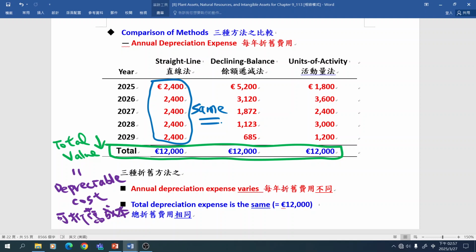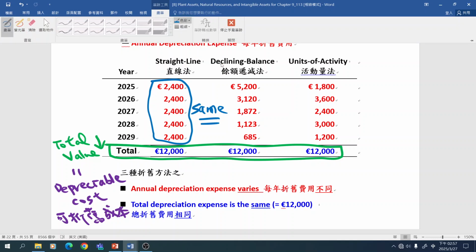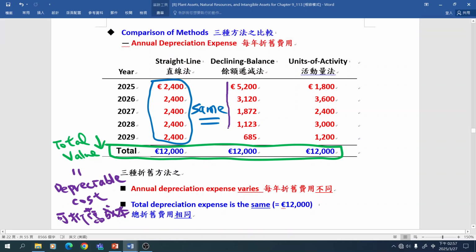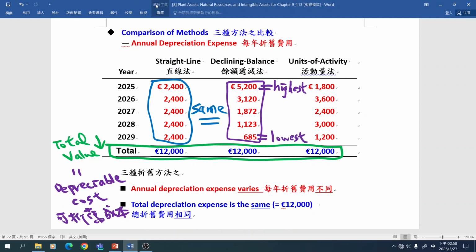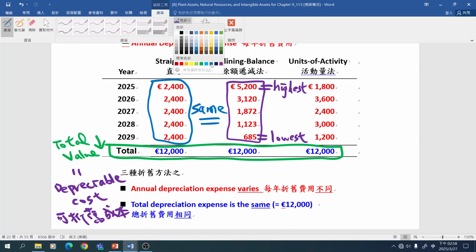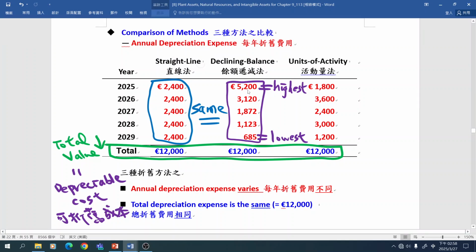You got the result we want, right? So declining balance method, our expectation is first year should be highest, then decrease over years. Last year should be the lowest. The depreciation expenses decrease over years.